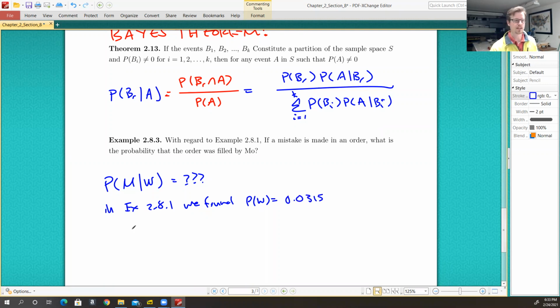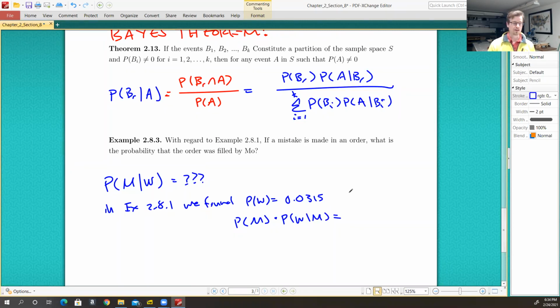Then the probability that Mo filled the order times the probability that there's a mistake given that Mo filled the order.